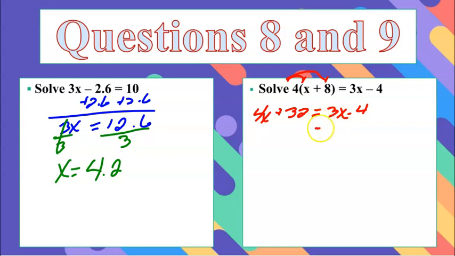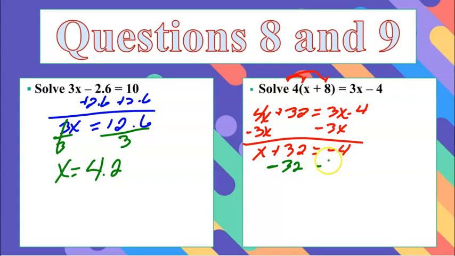So the opposite of adding 3x is subtracting 3x. That gives us x plus 32 equals negative 4. Final step to get x by itself, I'm going to subtract 32. I'm left with x equaling negative 36.